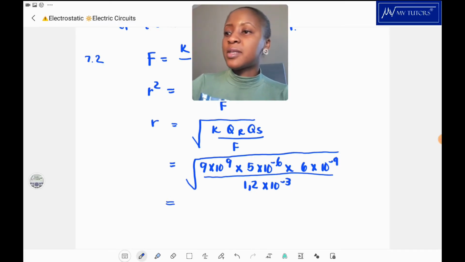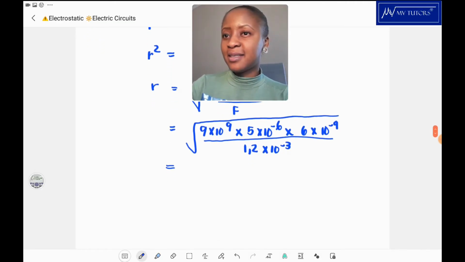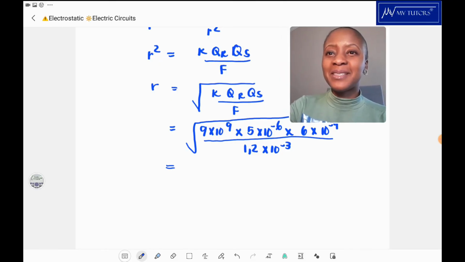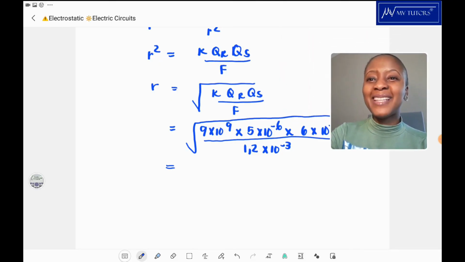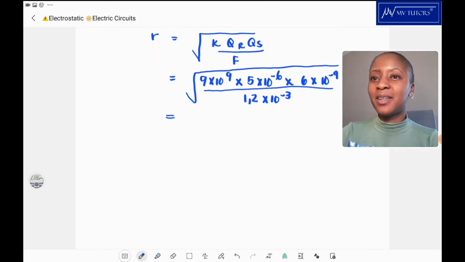And then we're just going to use our calculator to calculate that. Actually, this is taking up a lot of my screen space, so I'm just going to put it on the side. Okay, cool, now we have space.